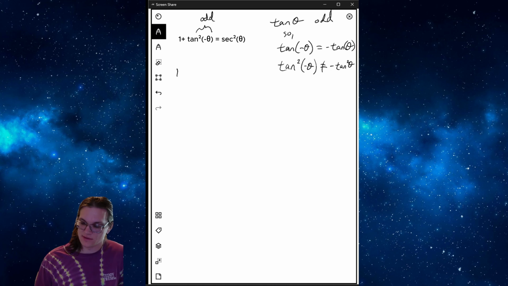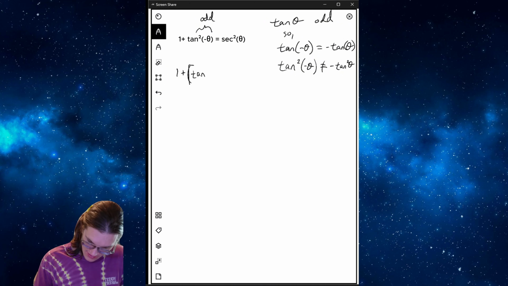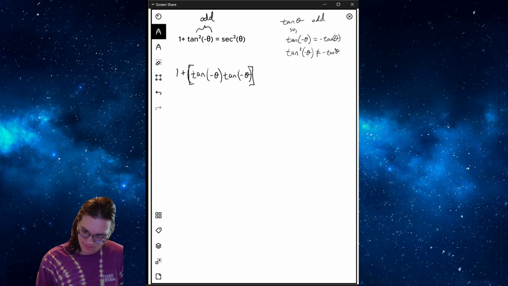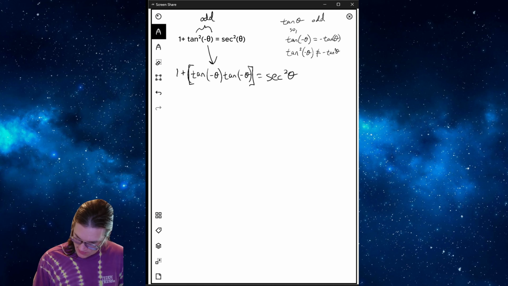You cannot do this. So what we can do is say, okay, tangent squared of negative theta, that's the same as tangent negative theta times tangent negative theta, right? This we're allowed to do, yes, and that equals secant squared theta still.